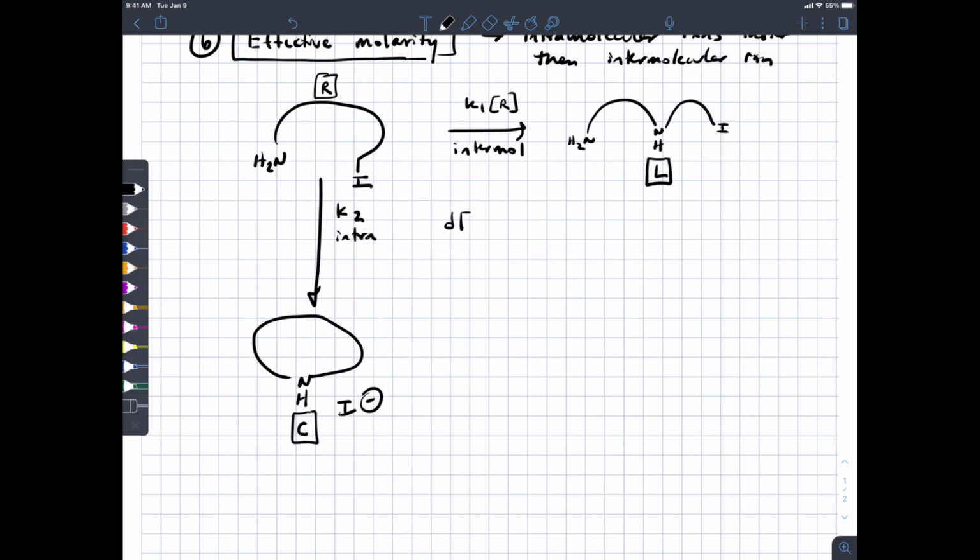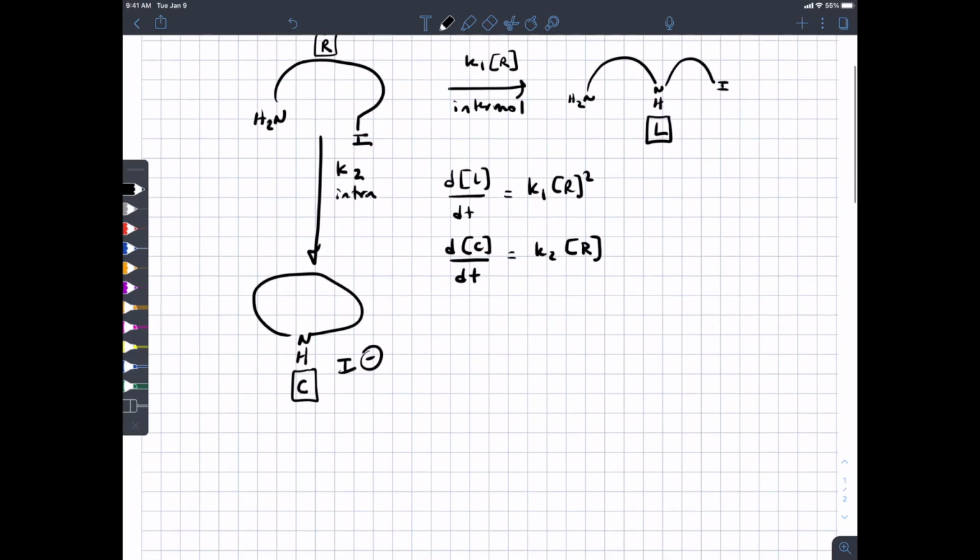The rate of formation of the linear product with respect to time should be K1 times R squared, and the rate of change of cyclic product should equal K2 times the concentration of R.